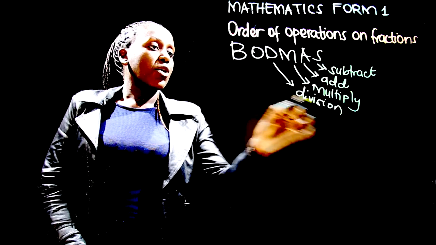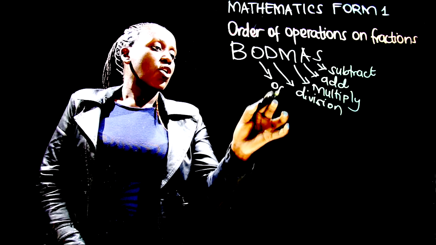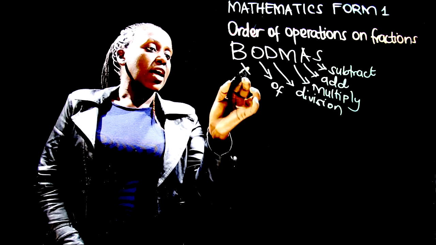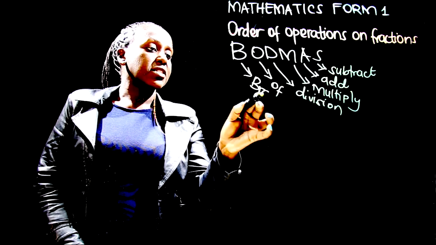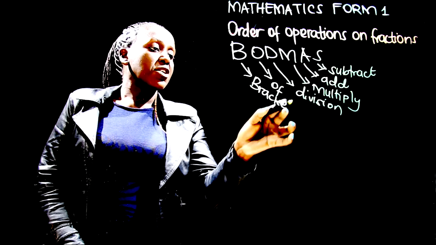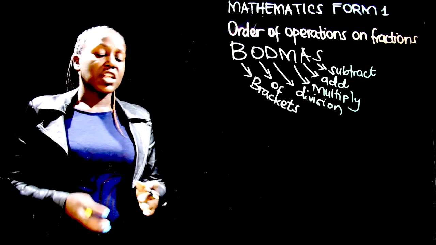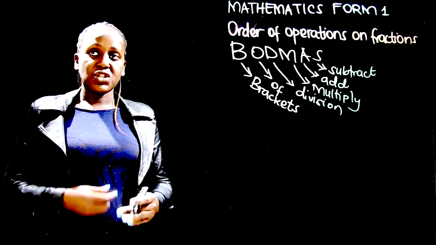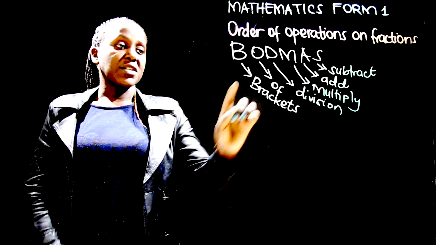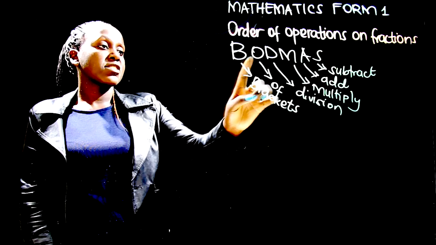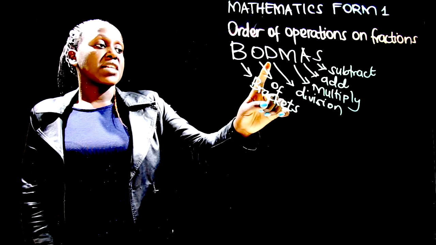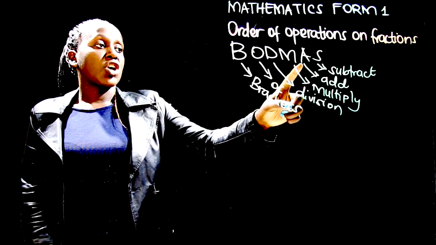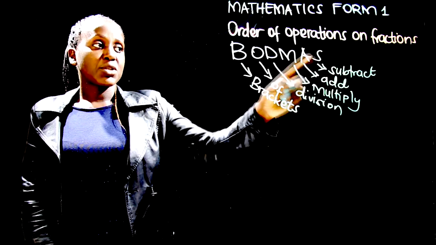And then O is for of. And then we have brackets. So whenever you have a question that has more than one operation, you follow BODMAS. We always begin with brackets, followed by of, then division, multiplication, addition, and then subtraction.